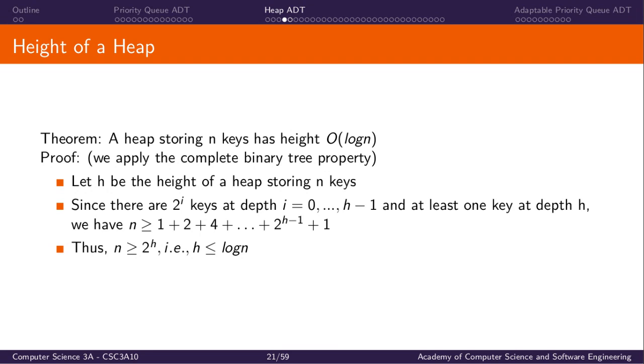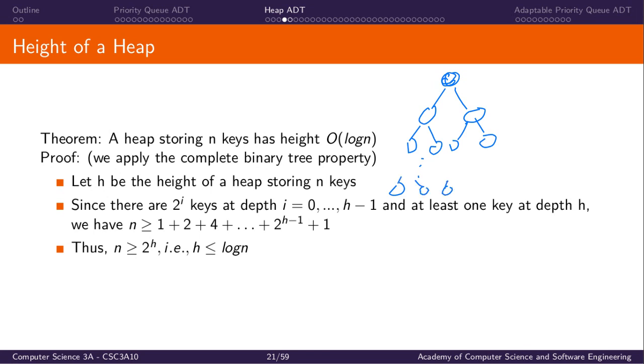So let h be the height of a heap storing n keys. So it's a heap, so we know that it has to have the maximum number of nodes at each level except possibly the last one. So each of these will have the maximum number of nodes, but perhaps that last level will not.